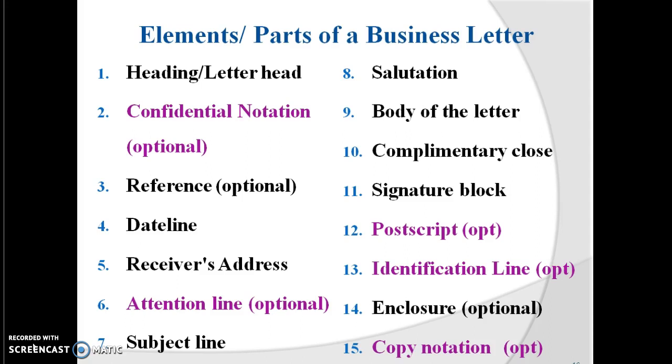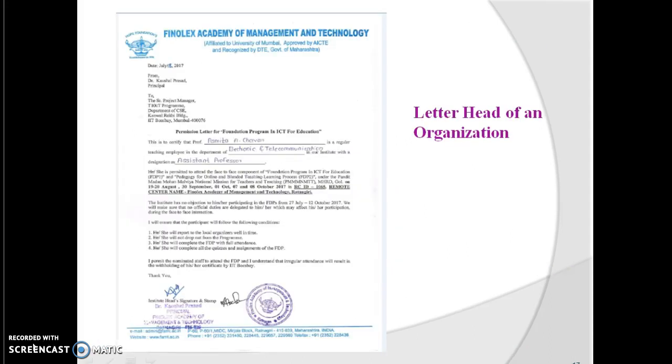Now let's understand what a letterhead actually is. A letterhead basically is a pre-printed paper which comes with the pre-printed name of the organization with its logo and the contact details on a piece of paper, which is used for writing letters. Now this section is usually blank.